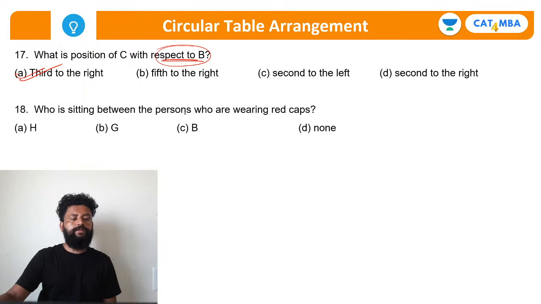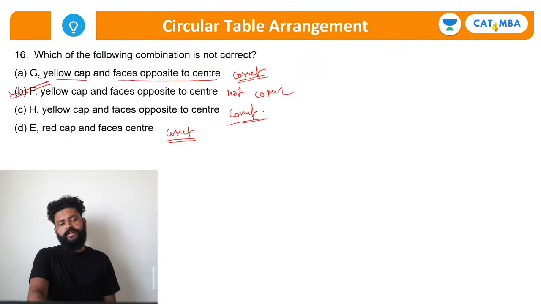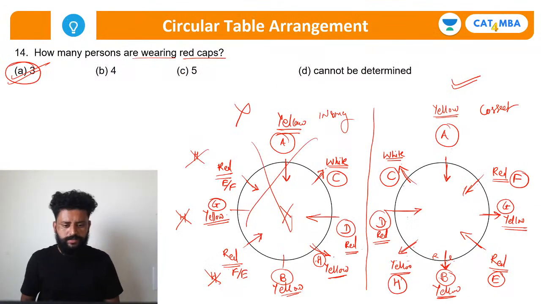Who is sitting between the persons who are wearing the red caps? There could be many more possibilities. So let's take a pair of persons wearing a red cap. Take this red.